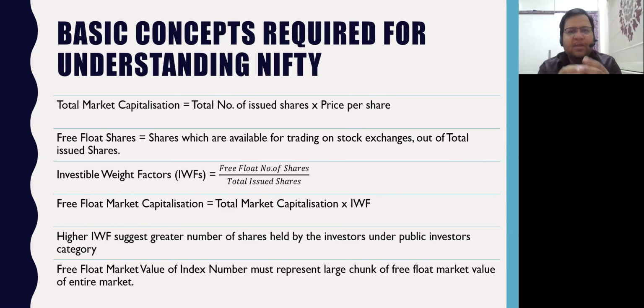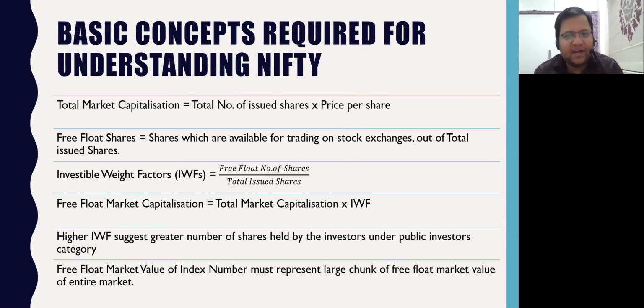So for example, if Mukesh Ambani and his family, as well as other strategic investors in Reliance, like, Facebook is not an investor in Reliance Industries. It is an investor in Reliance Jio. But let's say there are some strategic investors put together, they own 45.38 percent of shares. 45.38 is held by promoters and other investors.